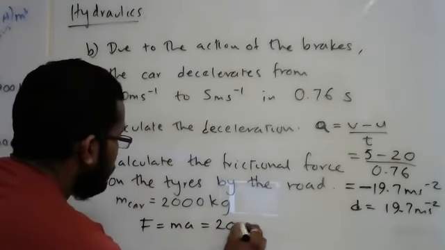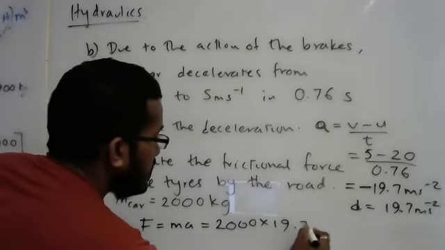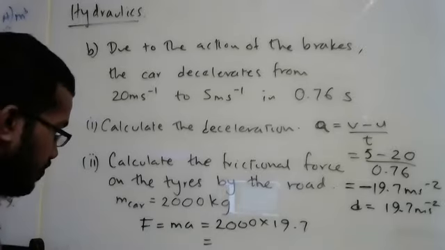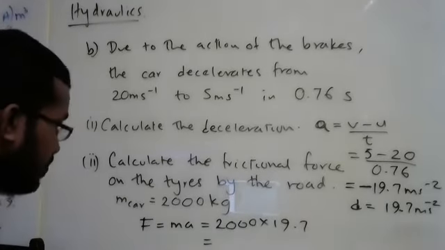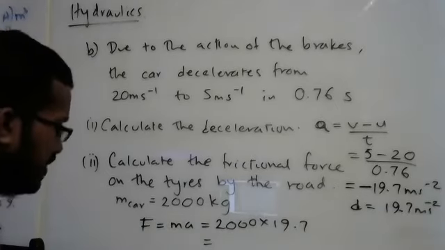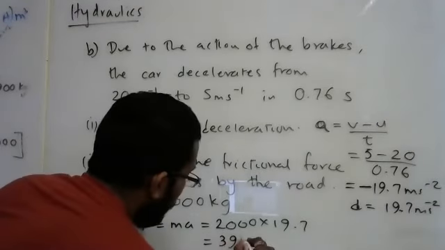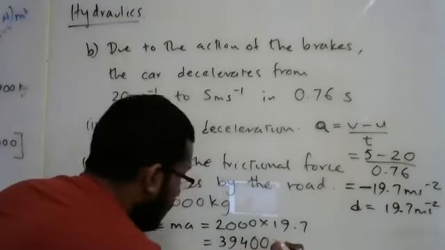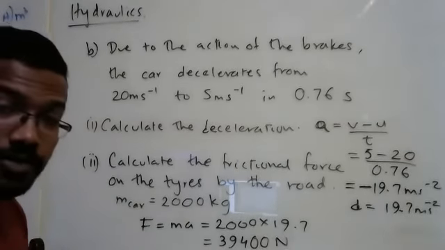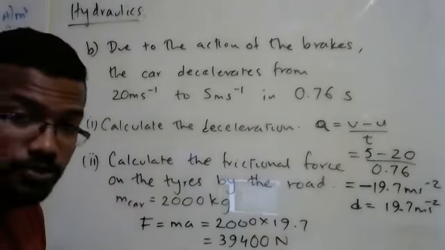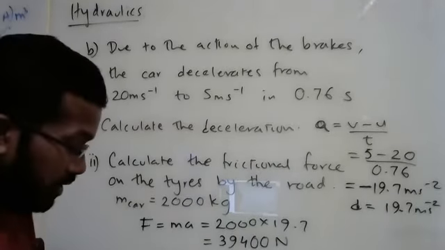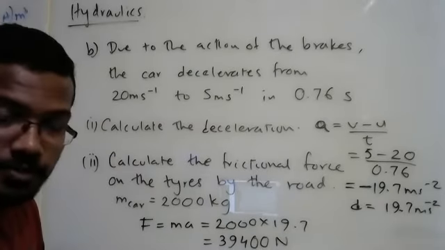So that's 2000 times 19.7, which is 39,400 newtons. Now you must be wondering, how did applying 200 newtons on the brake shoe cause 39,400 newtons? That's a valid question.